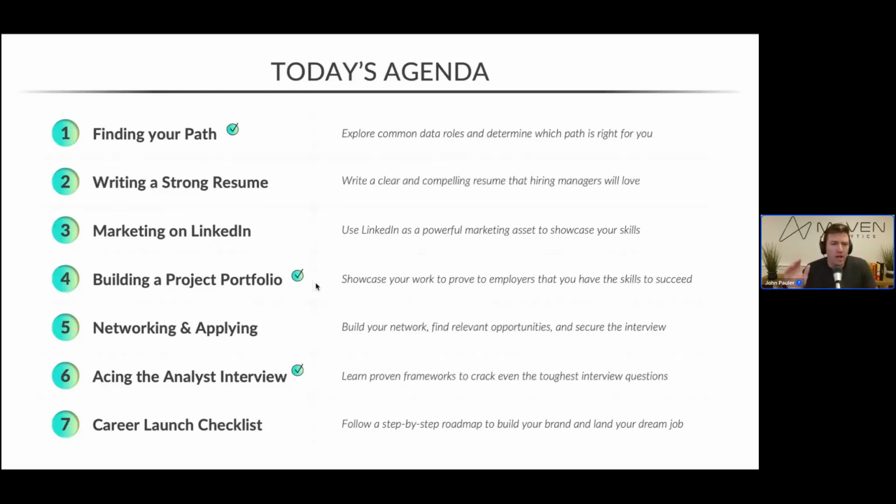So one thing I want to call out is that the finding your path, building a project portfolio, and acing the analyst sections, I'm going to go through those in a little less depth because we had some great sessions already this week. So I'm going to point you to the on-demand sessions, and I'll put a link in the comments right now.